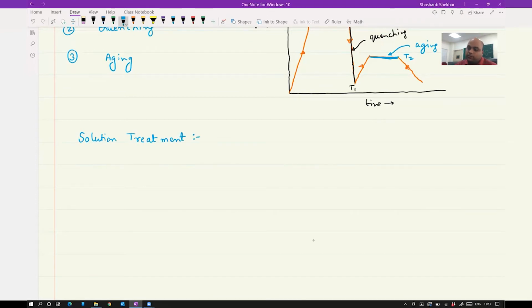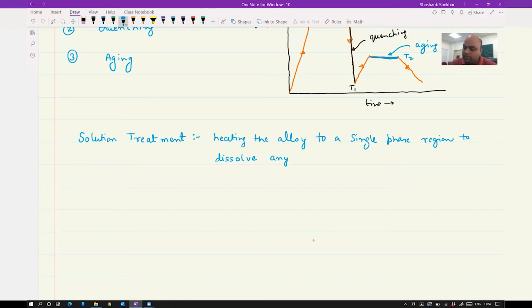Okay, so what we are going to do, we are heating the alloy to a single phase region to dissolve any soluble precipitate.